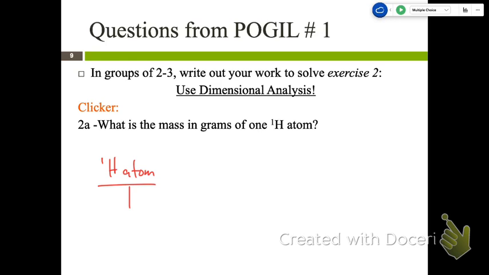I want you to go from the number of atoms to, what are we going to have as our answer units? Grams. Go ahead and take one more minute, try to set up the conversion factors, the set of conversions. See how many you need in order to get grams of 1H.